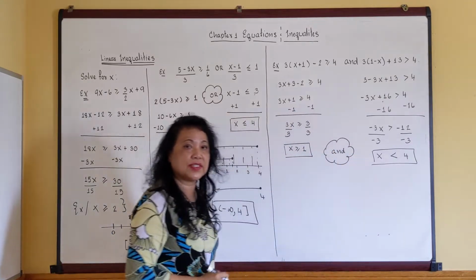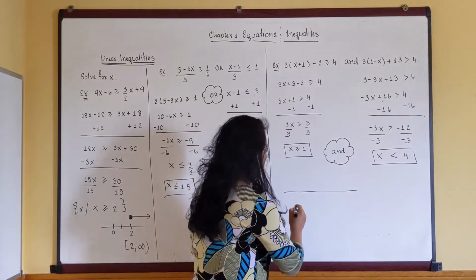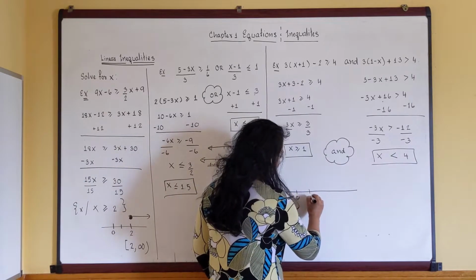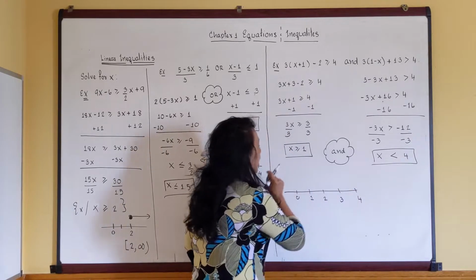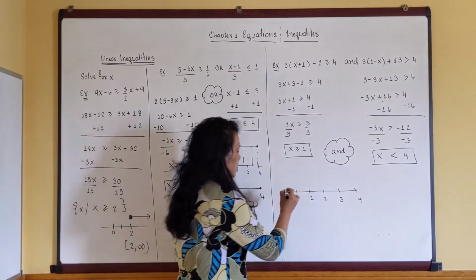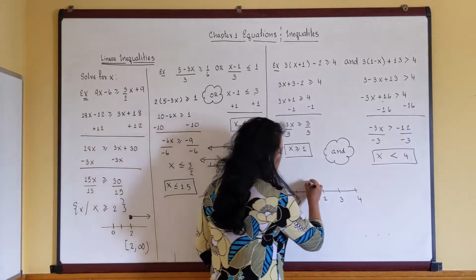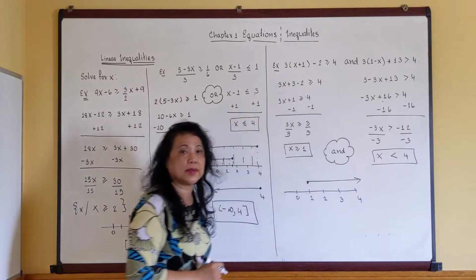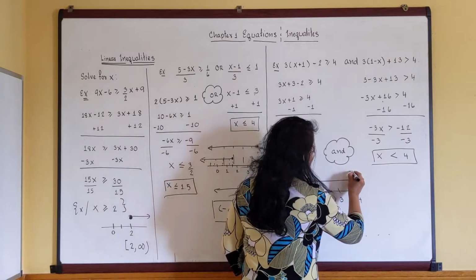I'm gonna graph it first, alright? So let's look at my graph. This is my working graph. I have 0, 1, 2, 3, and 4. X greater than or equal to 1. Closed circle, because including 1, greater than goes this way, to the right hand side. Less than 4, so my 4 cannot be a closed circle.